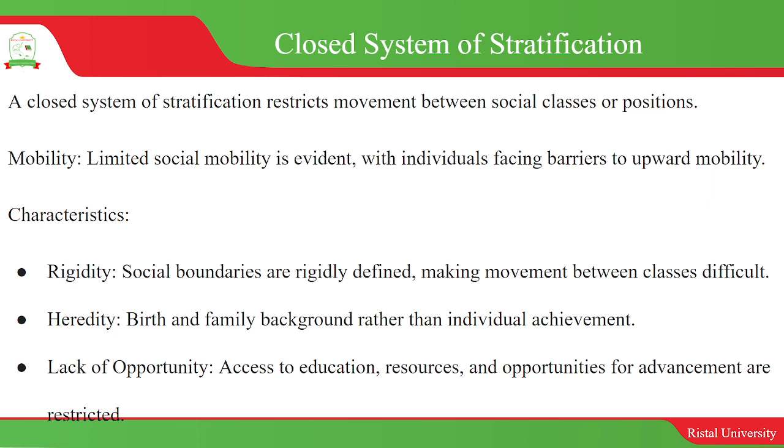And then it is also characterized by inheritance or heredity. If you're born in a family of, let us say, a landlord, then you have higher chances of owning land. But if you are born in a family of tenants, then it's going to be extremely hard for you to transition to be a landlord, especially in a system where we have rigid land tenure systems, and the opportunities are very minimal.